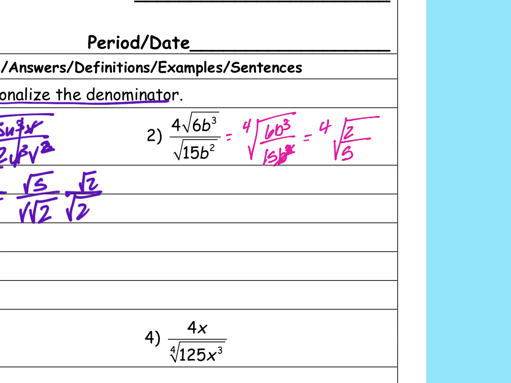So those b's go away, and I get left with 1 on top. So I can rewrite this as 4 square root of 2b over the square root of 5. Rationalize the denominator. So I should get 4 square root of 10b all over 5.